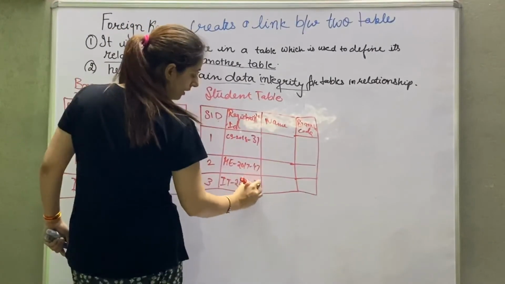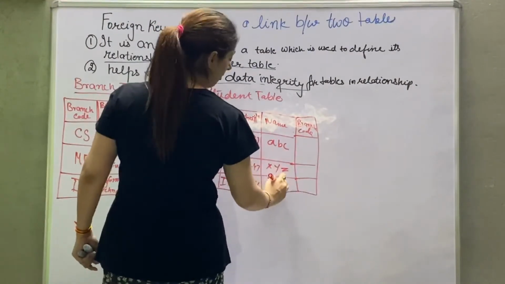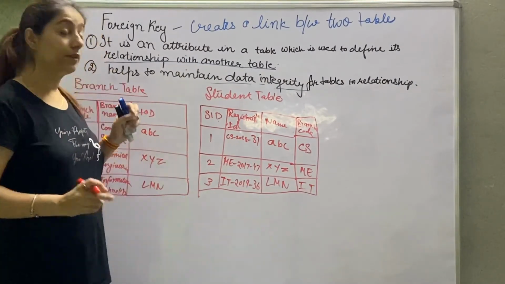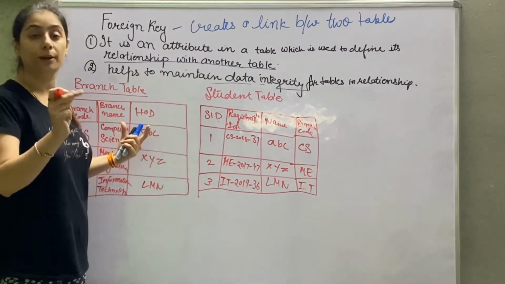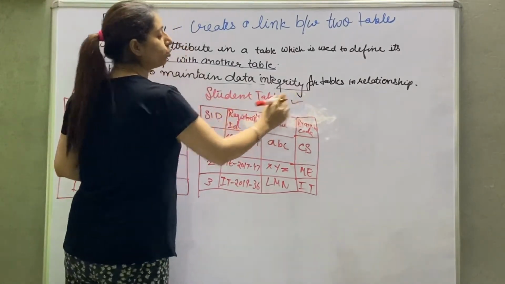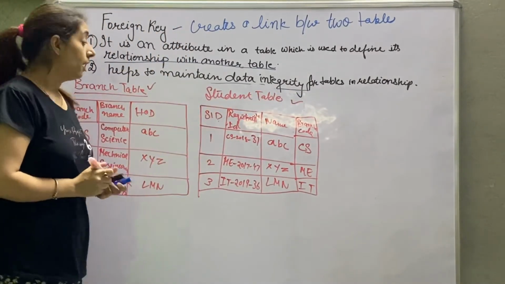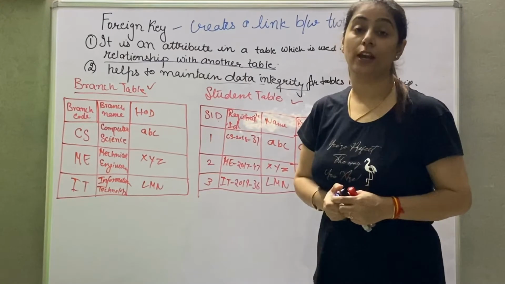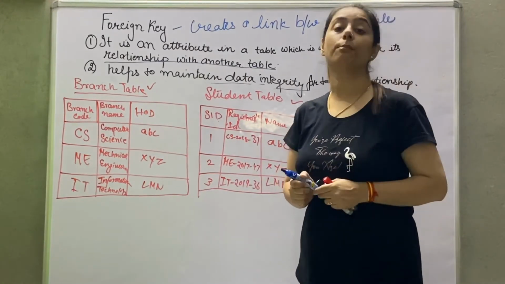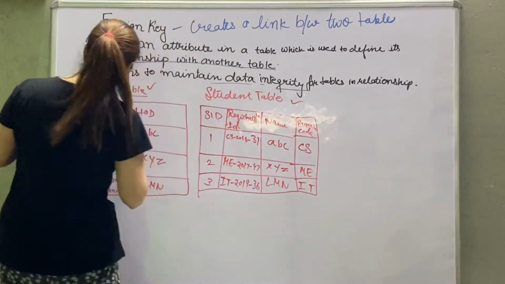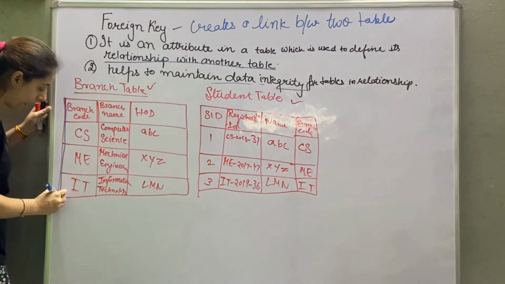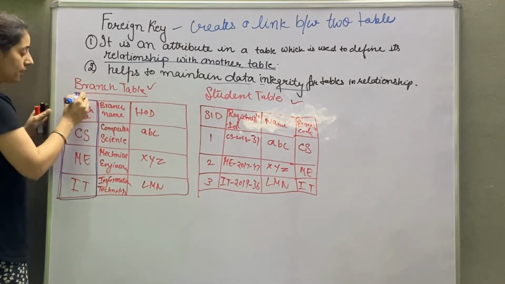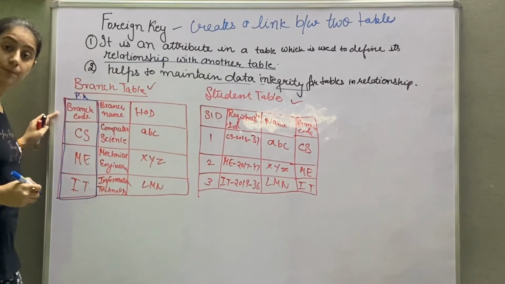You can see the records; I am simply entering them randomly. Now let's see, there are important things. Here I have two tables, the branch table and the student table. Again we have to make the primary key, because to create a foreign key we obviously have to make the primary key first. Just suppose I am making this branch code my primary key.